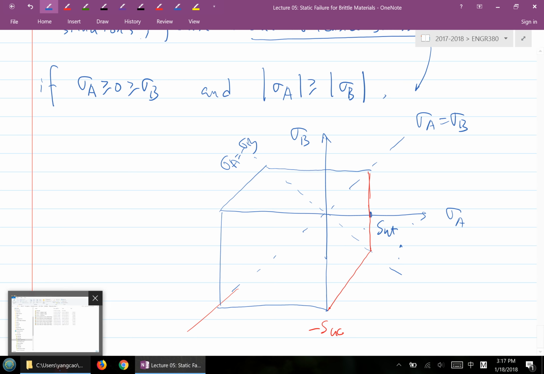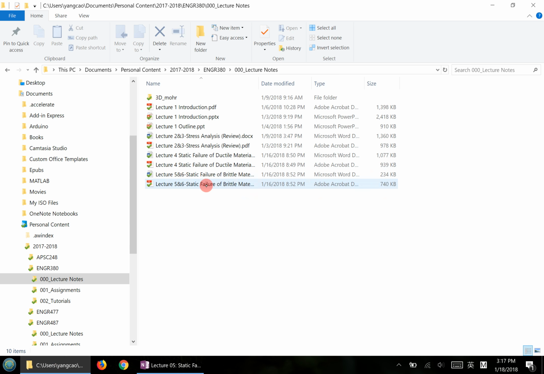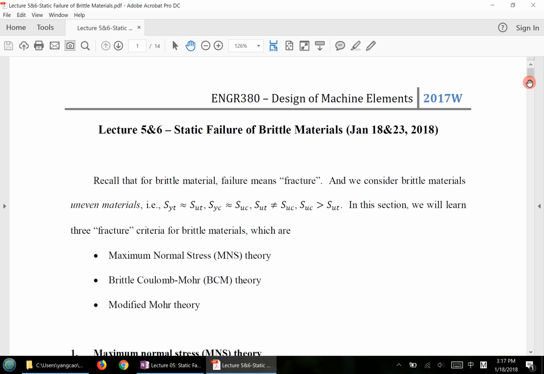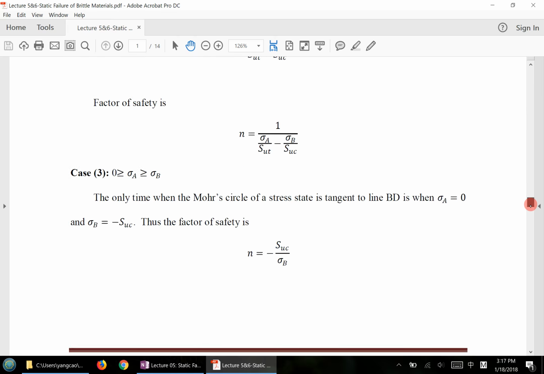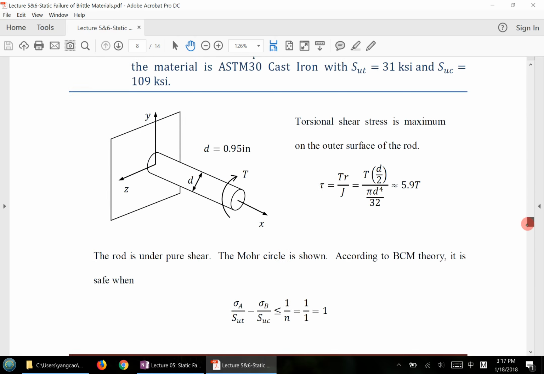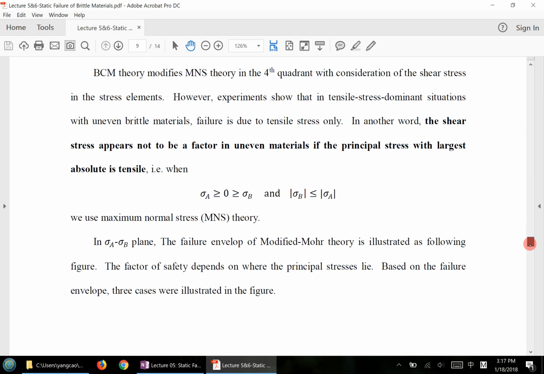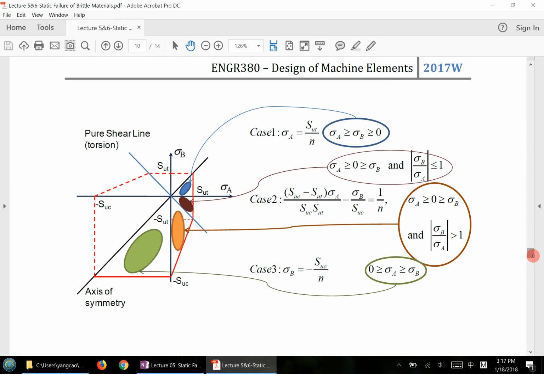Now, in terms of the interpretation, I forgot to bring the handout. I actually printed it out but forgot to bring it. I have a summary corresponding to each theory. This is the MM theory, with all the different cases and different boundary lines.